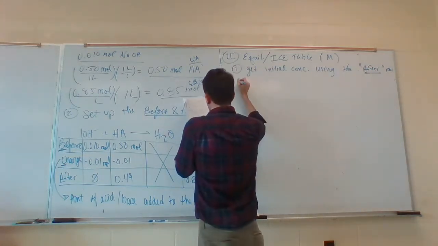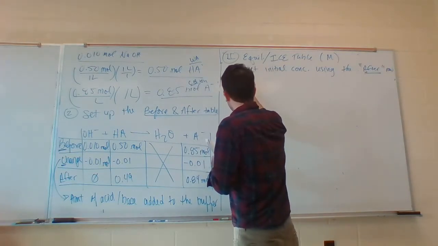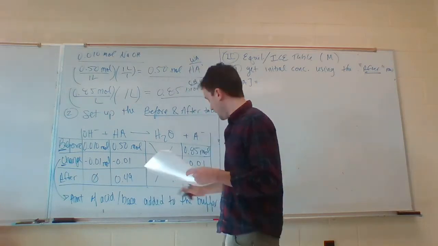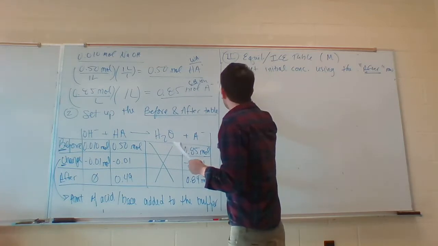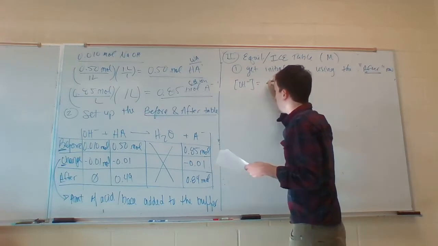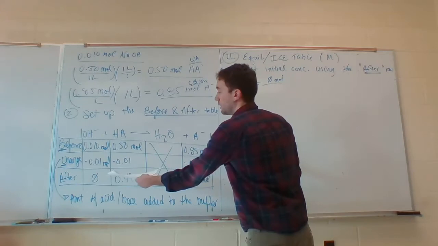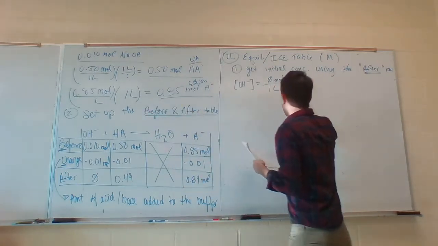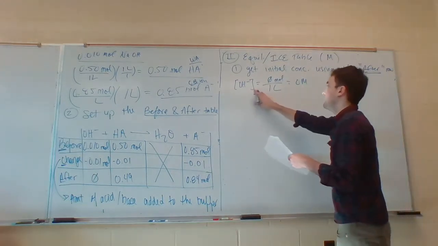All right, and now what we're going to do is to get our concentration of HA, well, let me do our concentration of the sodium hydroxide. Our concentration of the sodium hydroxide, in this case, or our hydroxide ion, is going to be 0 moles out of our 1 liter for our container, which means that we have a 0 molar solution of that. So I'm not even going to worry about that right now.